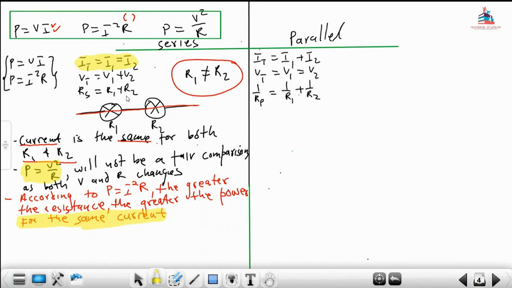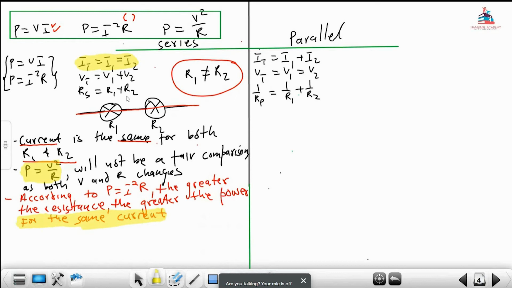By following the current path, it will give us exactly which connection type we have. Once we identify that the two bulbs that we are comparing have the same current, then it's a confirmation to us that they are in series.